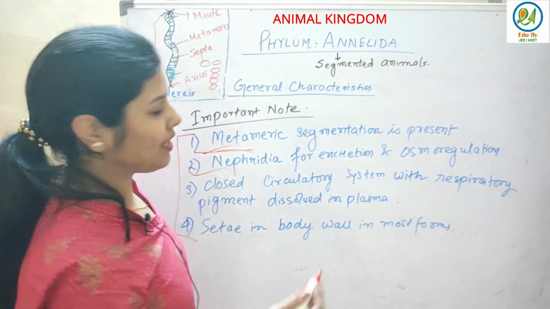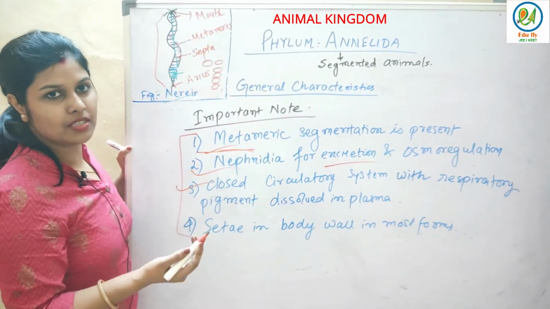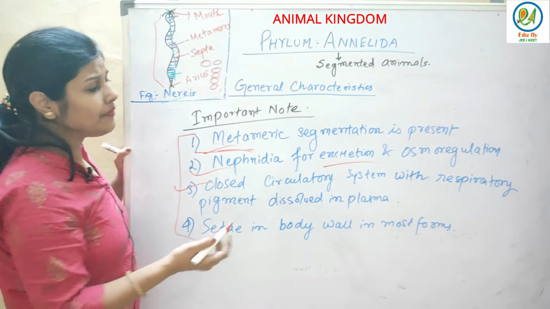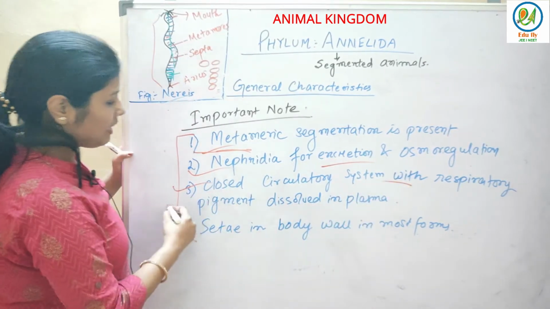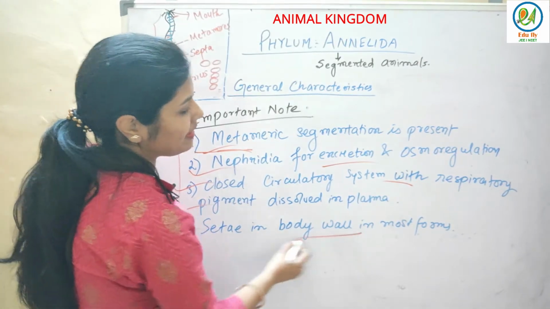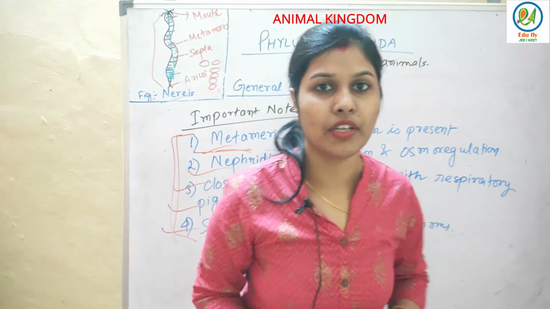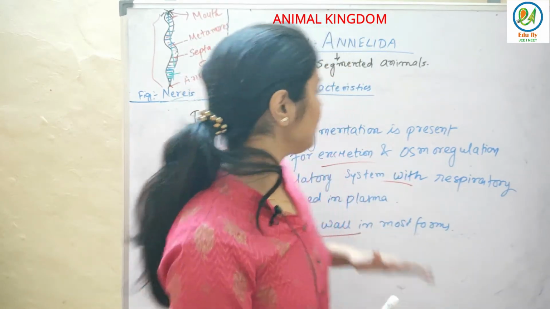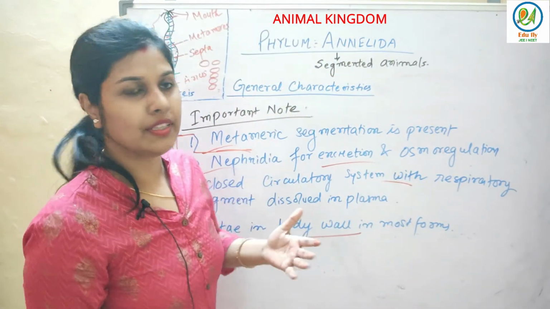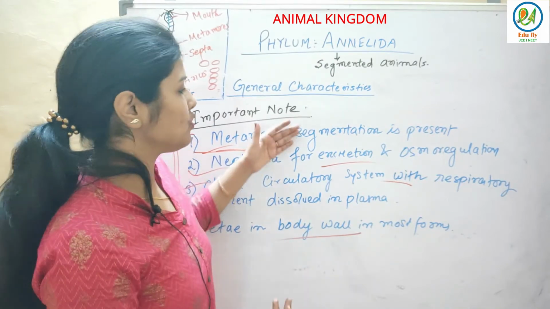Nephridia is for excretion and osmoregulation, and closed circulatory system is present with the respiratory pigment dissolved in plasma. Setae is present in the body wall in most forms. If you don't have time to revise, just see the important notes at the end of the phylum, revise and go for the exams. It won't take much time.